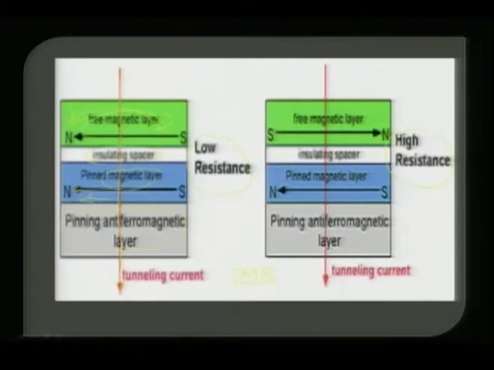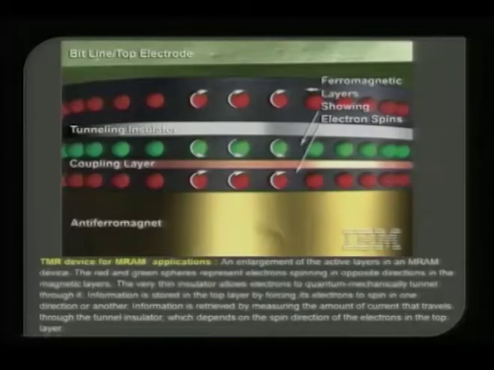In the previous case, we talked about giant magnetoresistance. Both have tremendous application, and this TMR device is actually used for magnetic random access memory devices, which is a major breakthrough in today's technology.